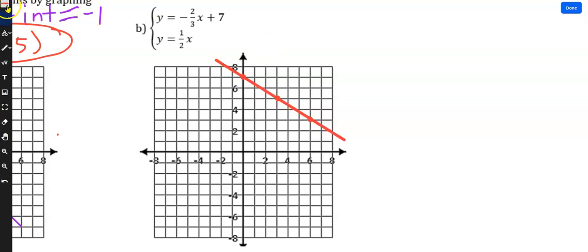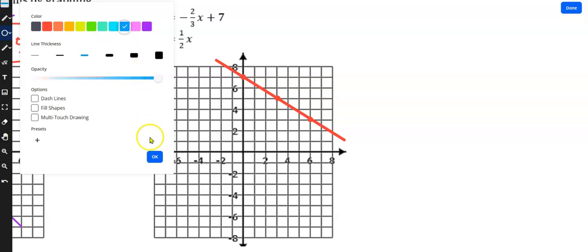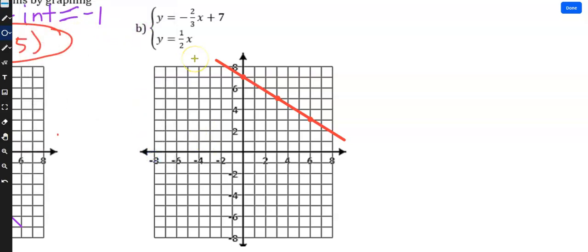Okay. And then we can find a different color. 1/2 x. So the y-intercept looks like it's missing, but we know that means it is 0, right? We know the slope is 1/2, so that's up 1, over 2.